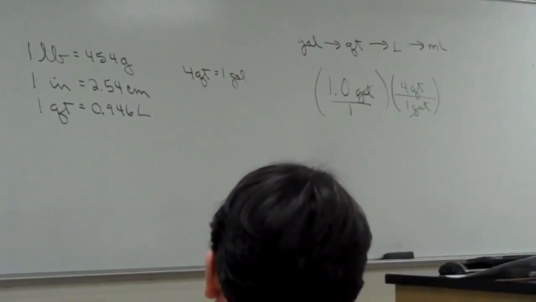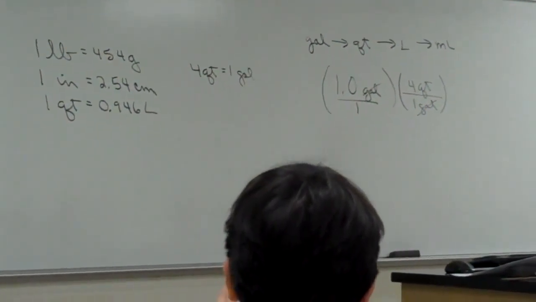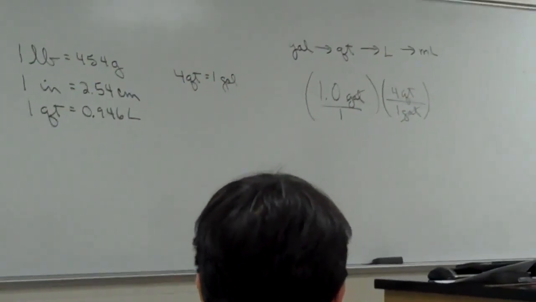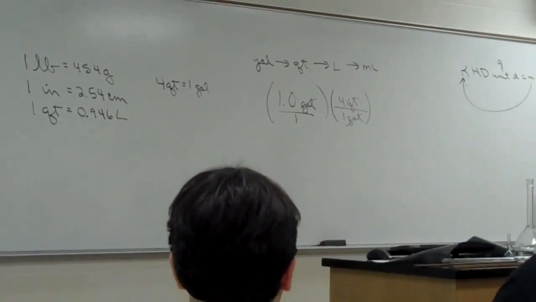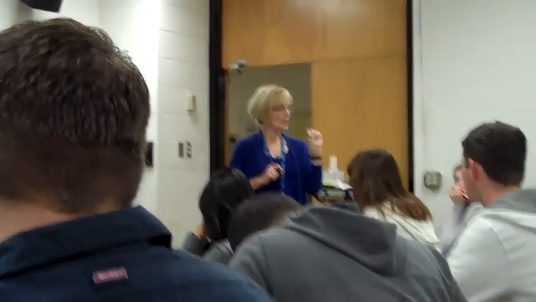Let me ask you something. If I got 4 quarts, about how many liters do I have? About 4 liters, don't I? Okay, if I have 4 liters, about how many milliliters do I have? 4,000, good. Here's 2 things that are really smart to do every time. First of all, think sig figs. We decided on 2.